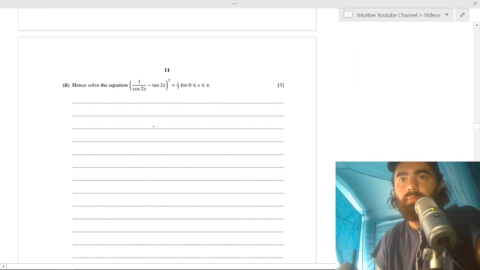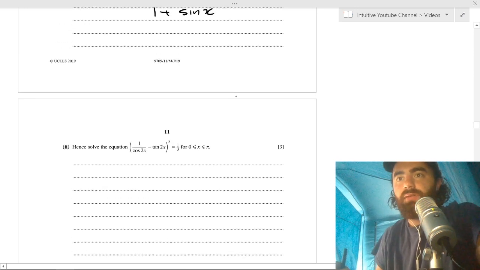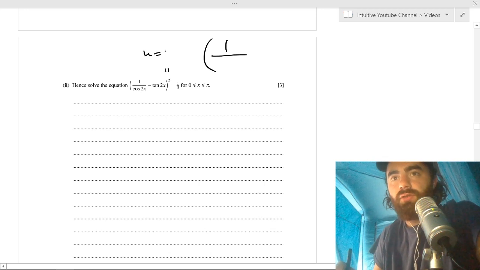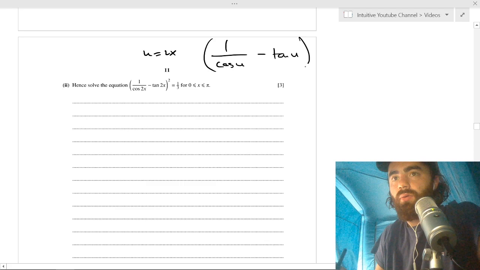Okay, so part two. Then it wants us to figure out what x is in this equation. Remember, we could say u equals 2x, just to show you that this is going to be the same thing, is cos of u minus tan of u squared.